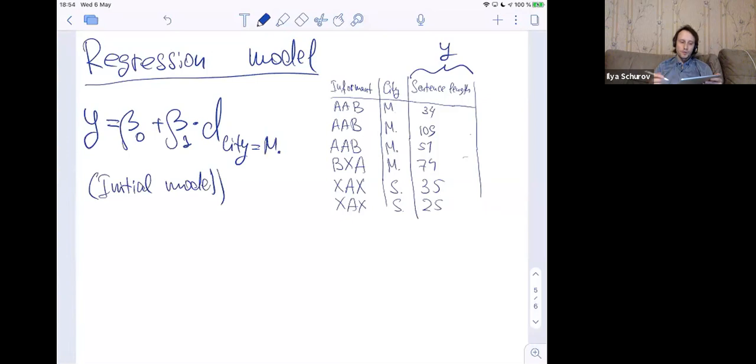Let us check that everybody is comfortable with this model. According to this model, how can we interpret the value of this coefficient beta naught?